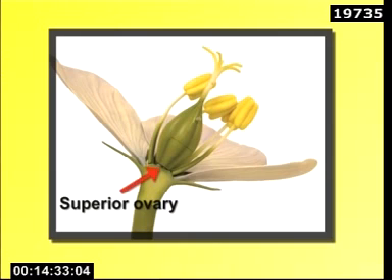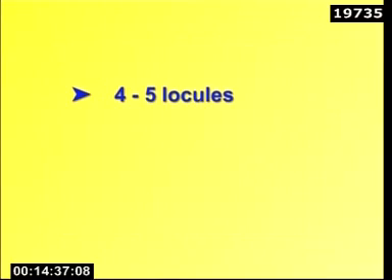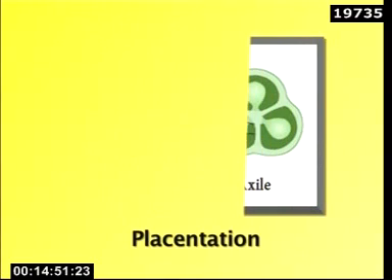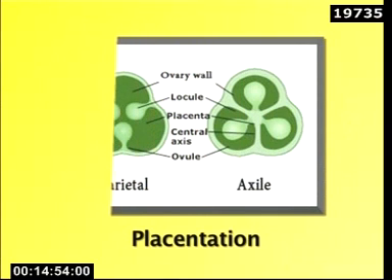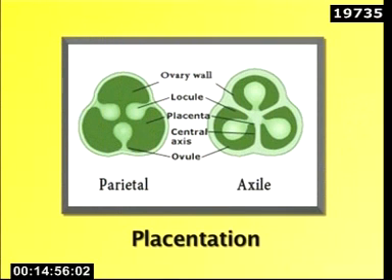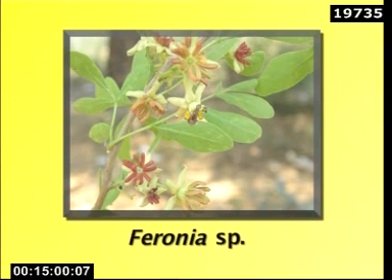Ovary is superior, usually deeply lobed, typically 4 to 5 loculed with 1 or 2 ovules in each locule. Styles are free or united and as many as the carpels. Placentation, or the arrangement of ovules within the ovary, is axile or rarely parietal, as in Feronia.